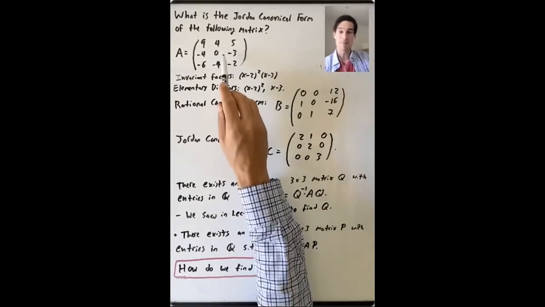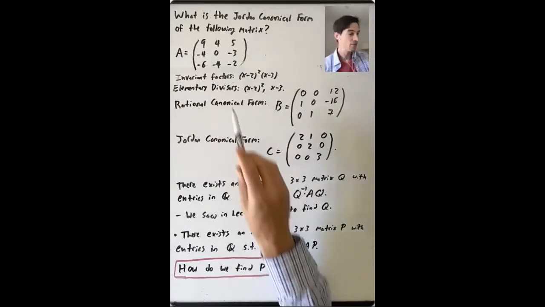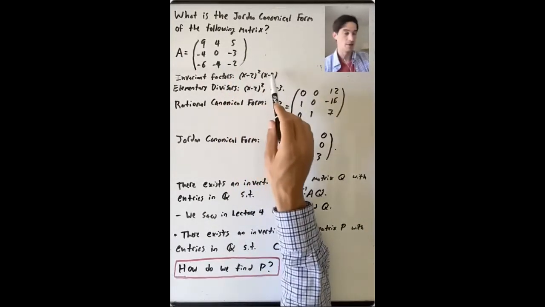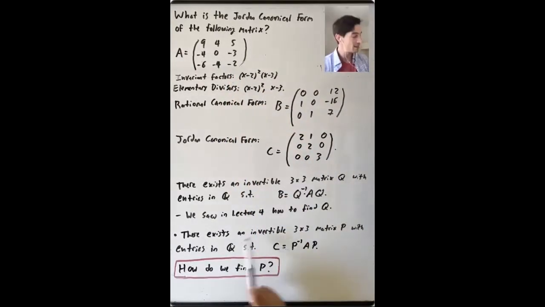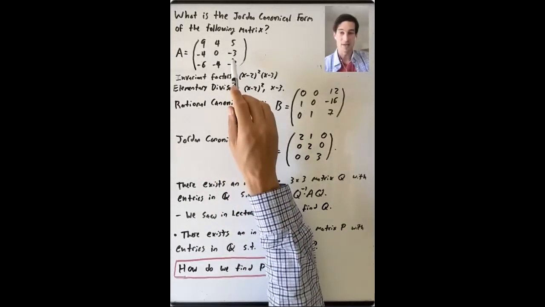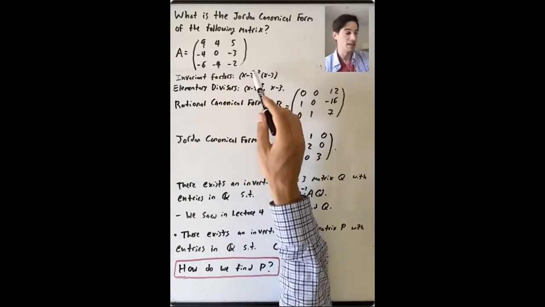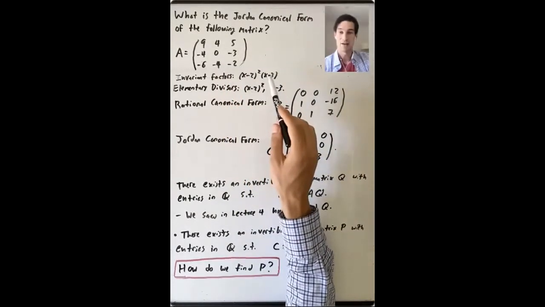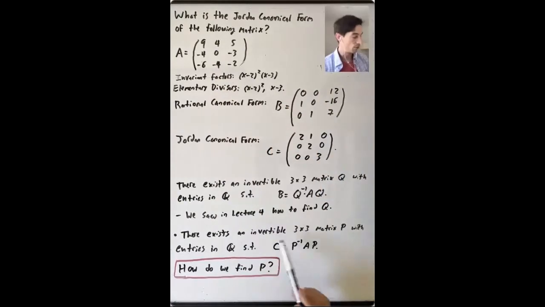And it just so happens that the eigenvalues of this matrix A are just 2 and 3. So Q does contain them all. So there is such a matrix over Q. We didn't actually know that Q contained all the eigenvalues of this matrix until we computed the invariant factors. But now we know we're okay.